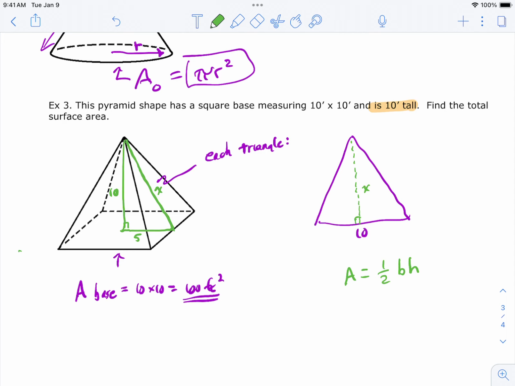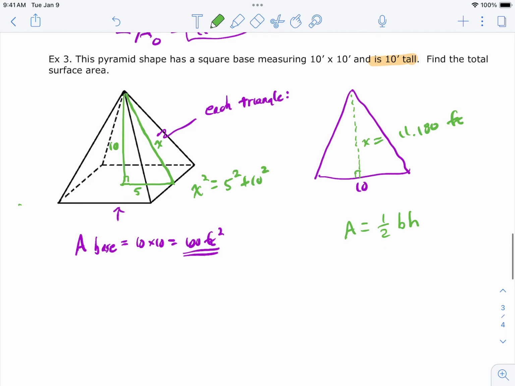So now we can just use Pythag to get at that X. So X squared is the same as 5 squared plus 10 squared. So you finish your Pythag thing here. 5 squared plus 10 squared, take the square root of the answer, expressed as a decimal, we're getting X equals 11.180. And these would be feet.